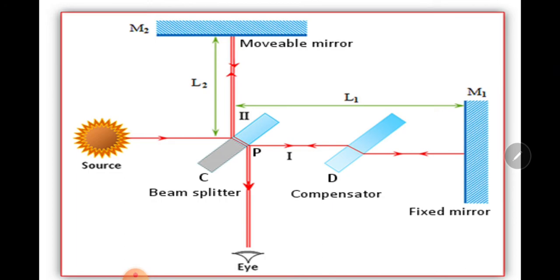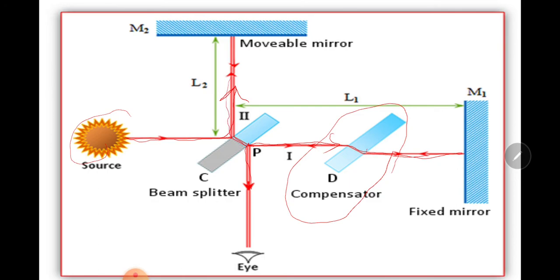Now if you can see, this is the source of light. It is the beam splitter. It splits the beam of light in this direction, and it will also reflect in this direction. This is called the path compensator. So the light ray reflected here goes again.